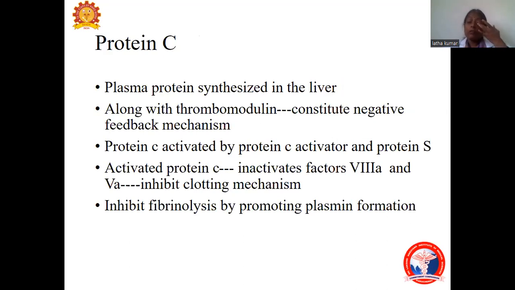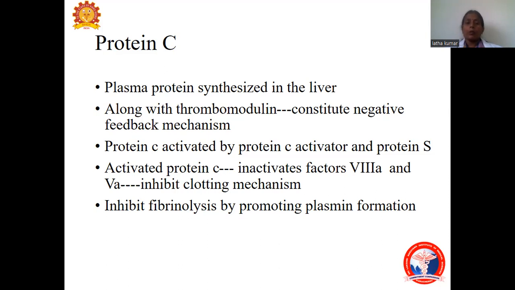So protein C is one of the anti-clotting factors, synthesized in the liver. Normally thrombomodulin binds with the thrombin and converts that into protein C activator.